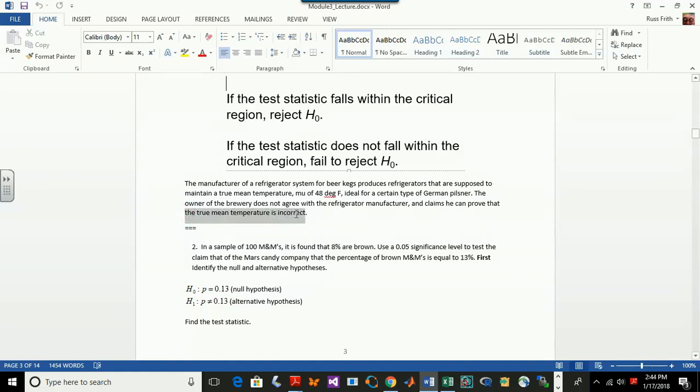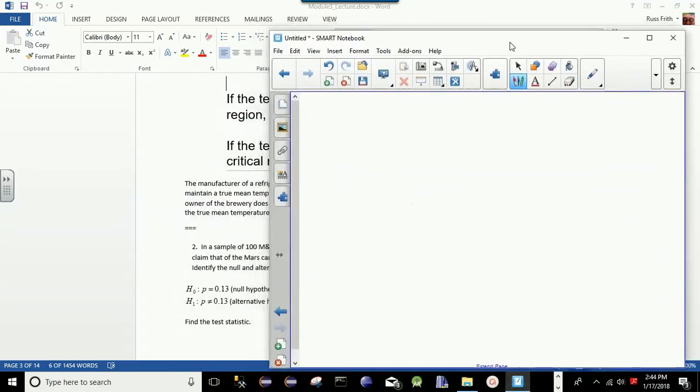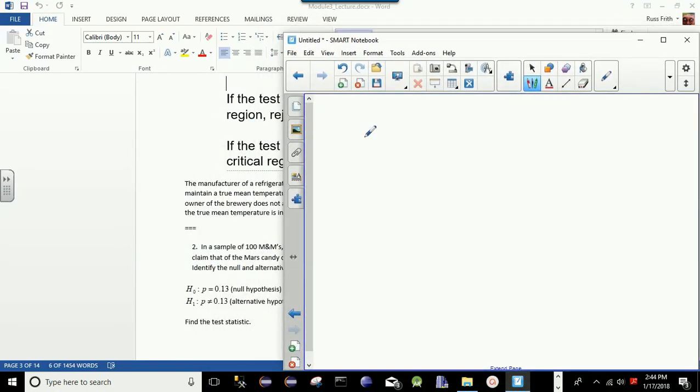Here's how you formulate your null and alternate hypotheses. The manufacturer of the refrigerator system: think of that person as the specialist, the expert who provides a service, a good, a conclusion, a finding, or as an authority.